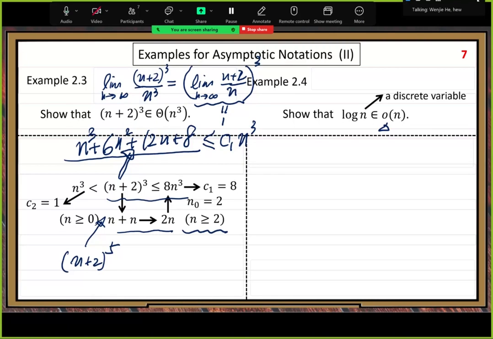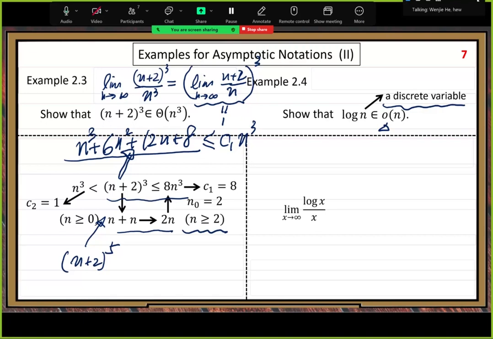But remember, when we calculate the limit, if you want to apply L'Hopital's rule, you need to convert from a discrete variable to a continuous variable, as I mentioned last time. Otherwise, you cannot take the derivative.